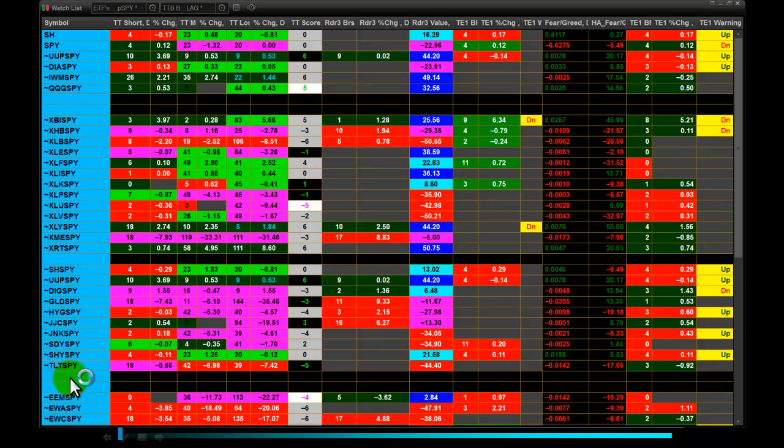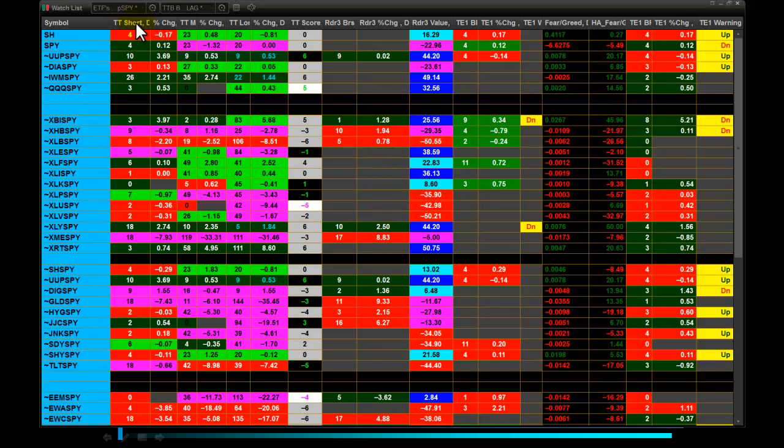Some other common ETFs that have significant relationships to the SPY, like treasury bonds, short-term bonds, corporate bonds, junk bonds, gold, oil, the dollar, etc.